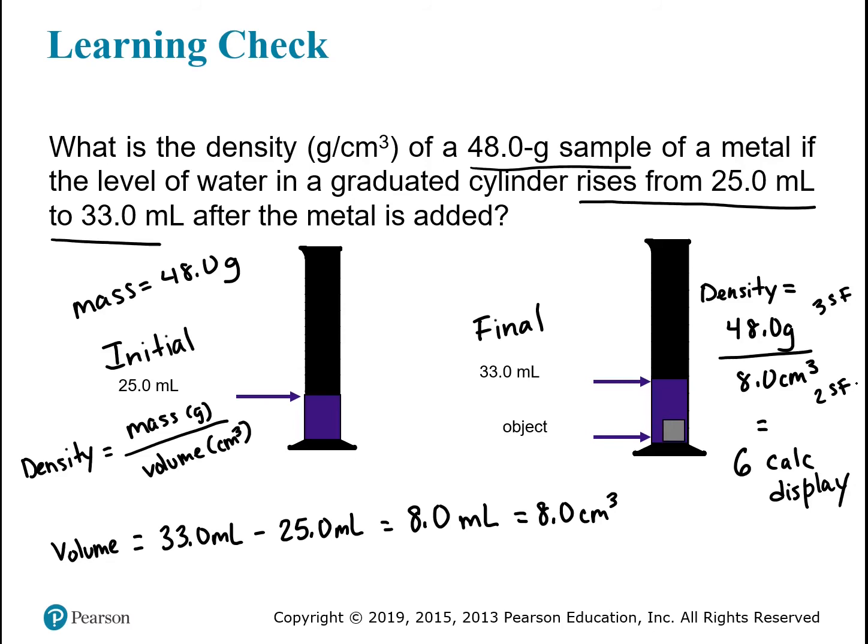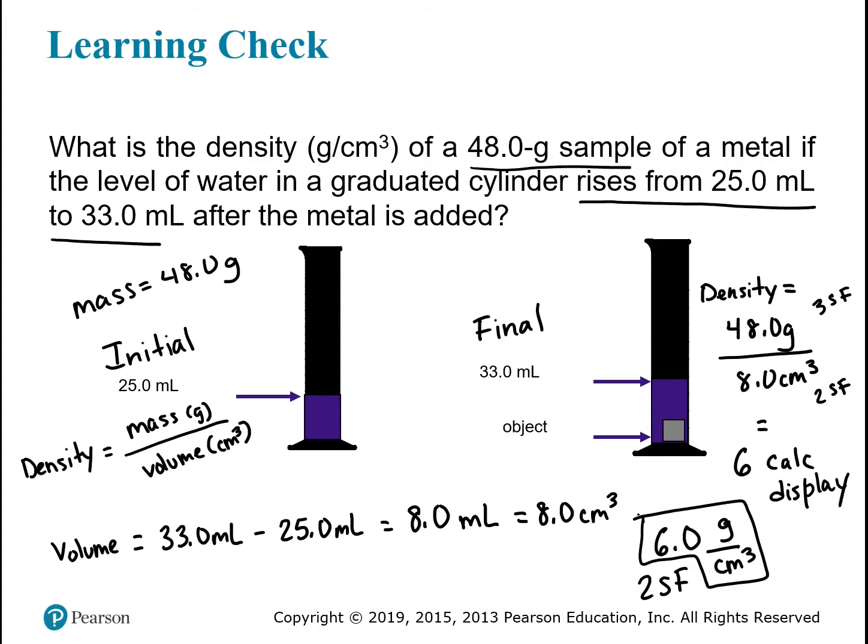We have to add a significant 0. Now we've got 2 sig figs in our answer. But this answer still isn't complete. The units, we've got grams being divided by centimeters cubed. Now we've got a complete answer.